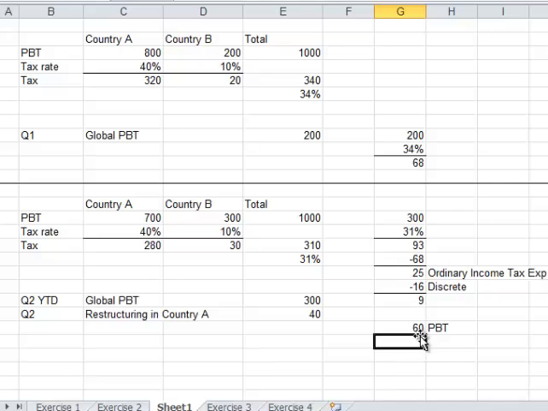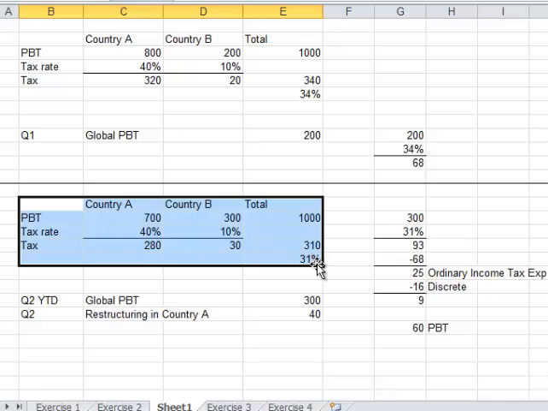Okay, so Yolanda's question is, when I booked my discrete item here, I took $40 of expense times a 40% tax rate, not times a 31% tax rate. But what I was trying to do is calculate a tax effect incrementally on that country A charge, as if it had nothing to do with this blended rate that I'm applying on ordinary income.